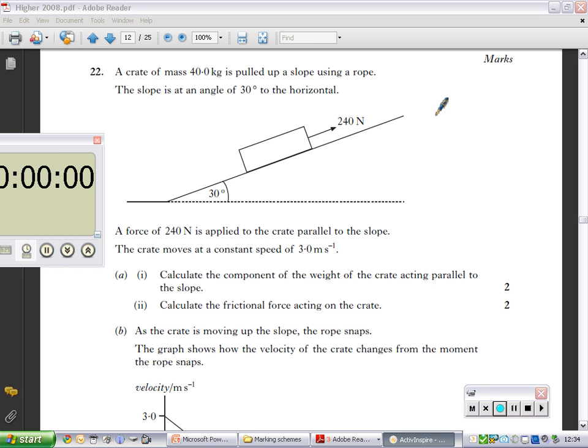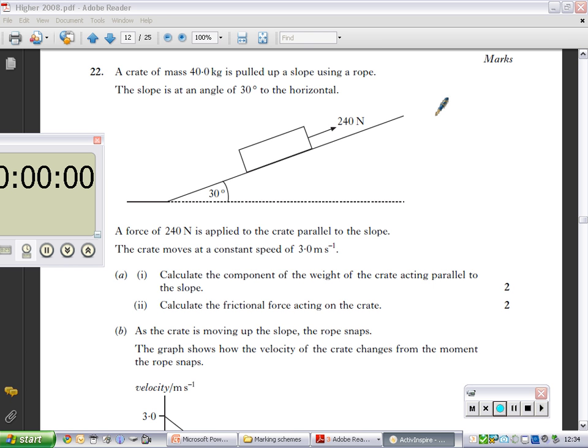That's the one you're looking to calculate. W equals mg to give you your weight, and you just use trigonometry, or Pythagoras, to get your weight parallel. So you will get that as a value in newtons of your weight coming down the slope. 2 marks for that. You get 1 mark for working out your actual weight itself, and then 1 mark for getting the component correct.